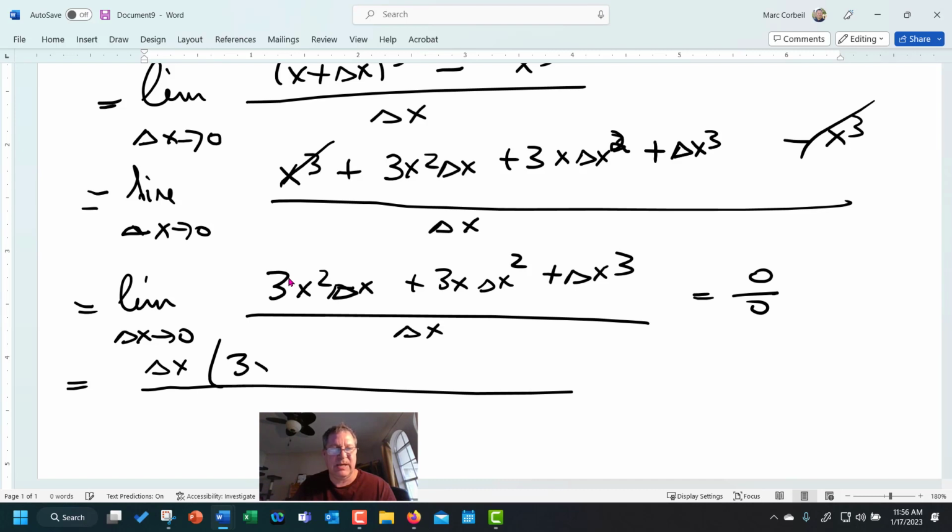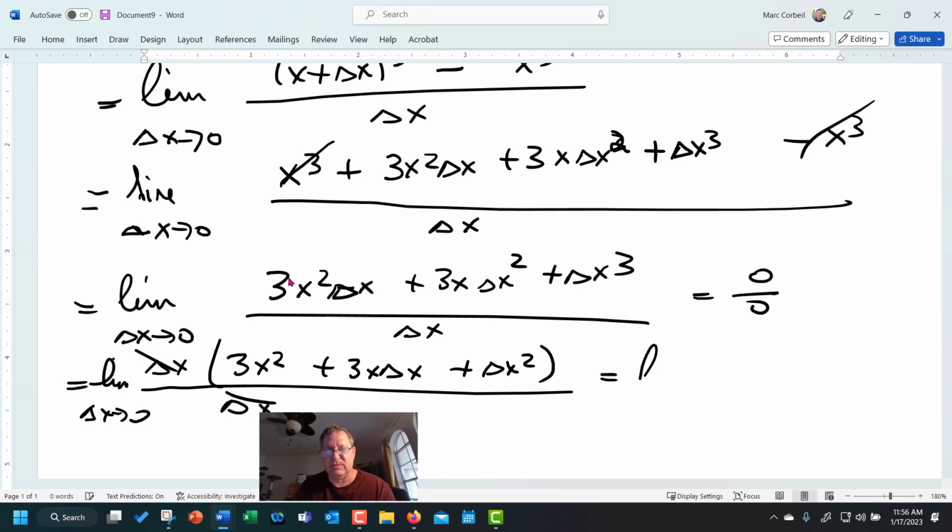So that'll be 3x squared. Notice there'll be one part left here and two parts left here. That's fine with me. We still have the limit as delta x goes to 0. And if we do that, the delta x's cancel out, and I'll be left with the limit as delta x goes to 0 of 3x squared plus 3x delta x plus delta x squared.